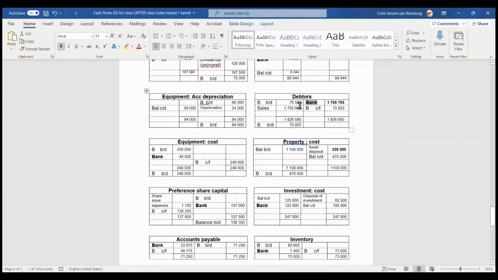So we can now simply add up. If there's no mistake, our debit side should add up to 1,826,580 rands. We copy that total over to the opposite side, and then we deduct that figure that we already have, and then our balancing figure should be 1,755,755. If you can just confirm whether you also get that, ladies and gentlemen, I'd appreciate that.